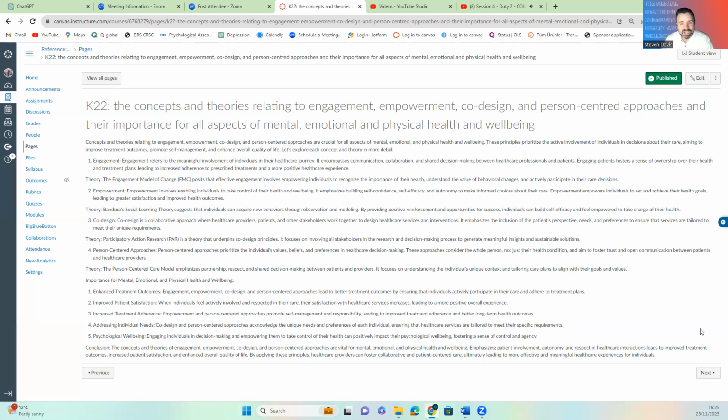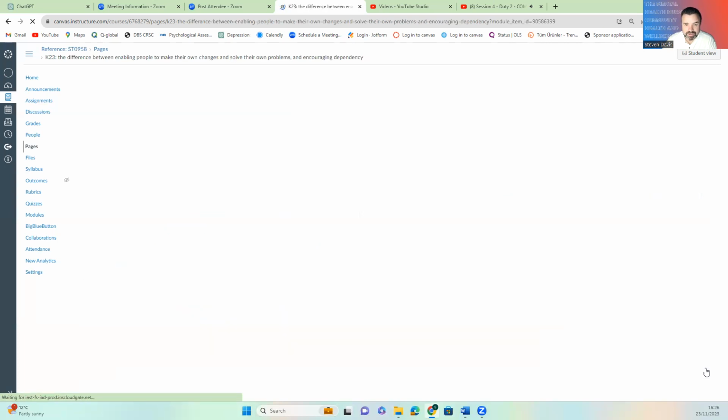And then you've got the person-centred approach. You can't really go wrong with person-centred approaches, because it is listening to that individual, taking into account everything they're saying and wanting about their care. It takes into account their values, their belief systems, and the decision-making process.